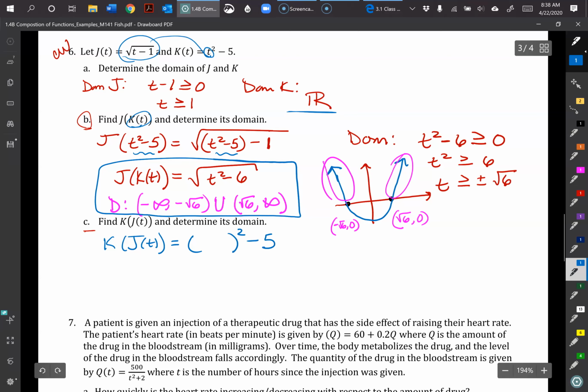That's another way you could do it. And then pop that J of T in there, which is square root T minus 1. And then we're going to take the square of a radical, so we just end up with the radicand inside there, and then minus 5. So we get T minus 6.